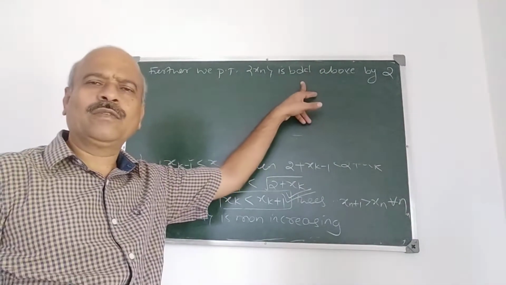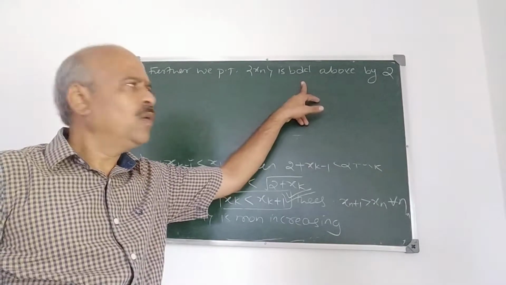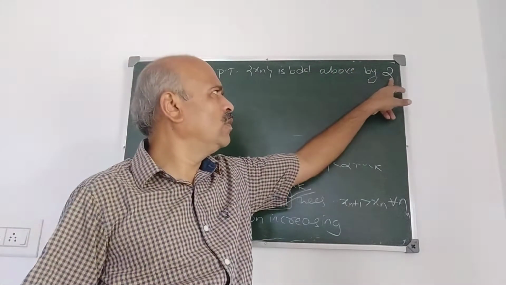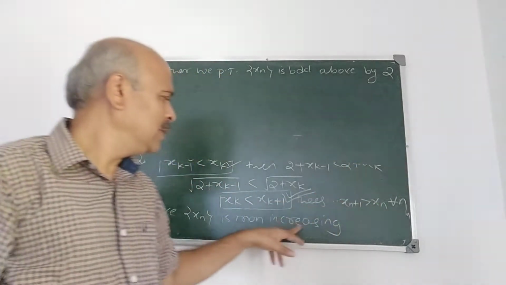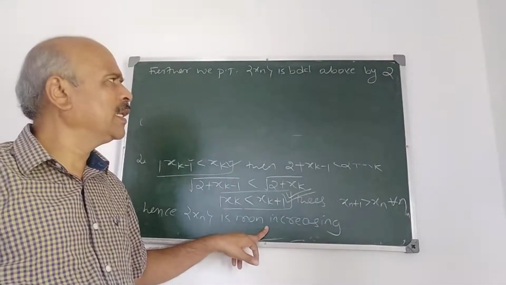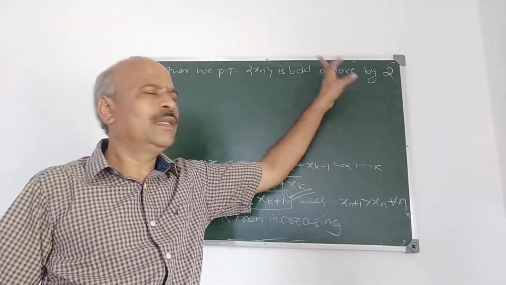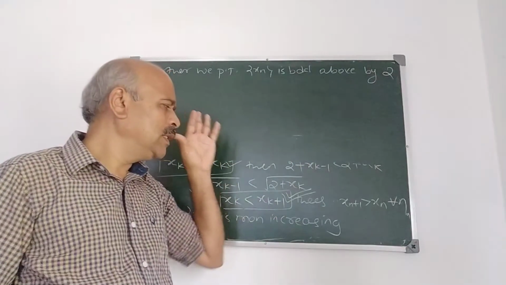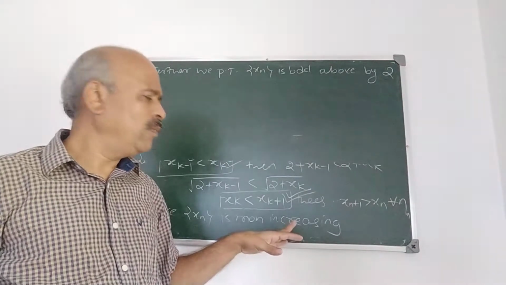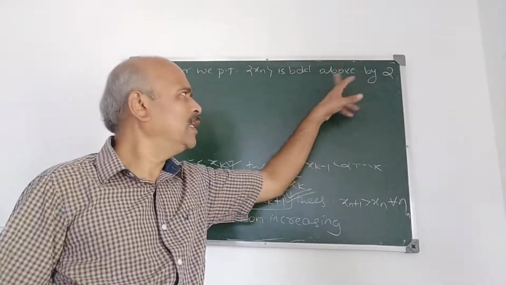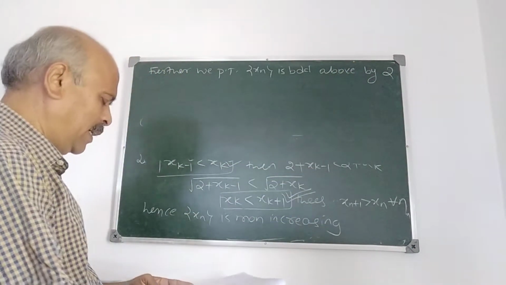We have proved that it is monotonically increasing. If we prove that it is less than or equal to 2 for all n, then the sequence is convergent. Monotonically increasing and bounded. This we again prove by induction.